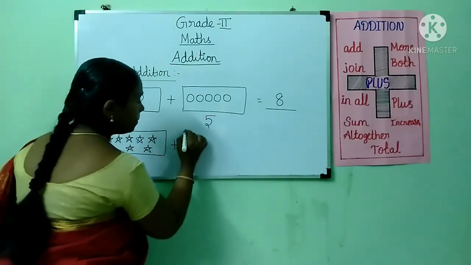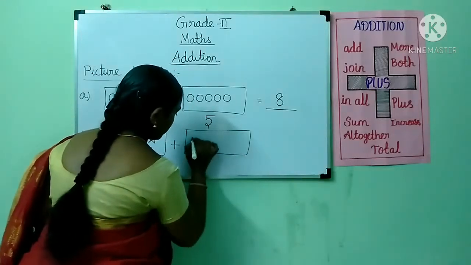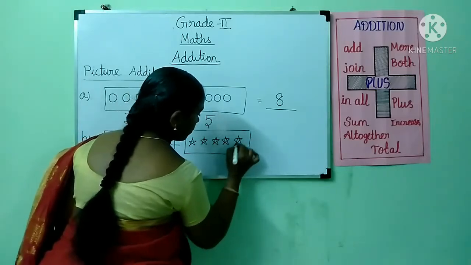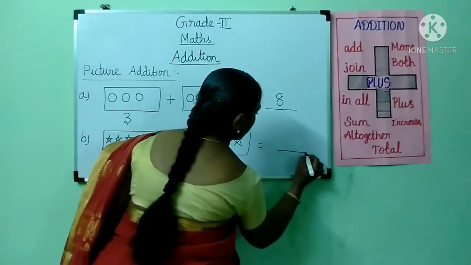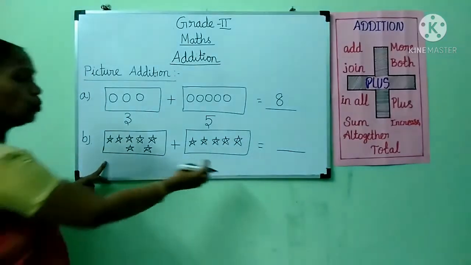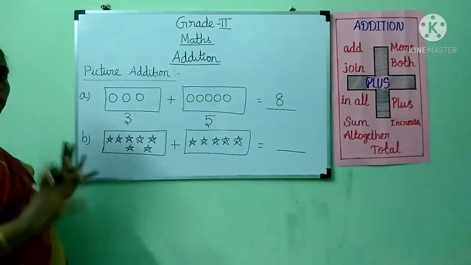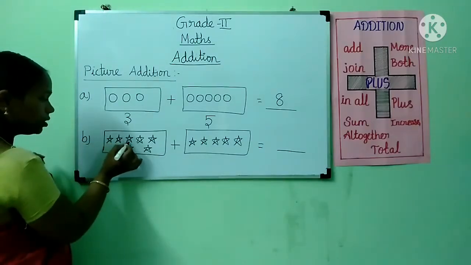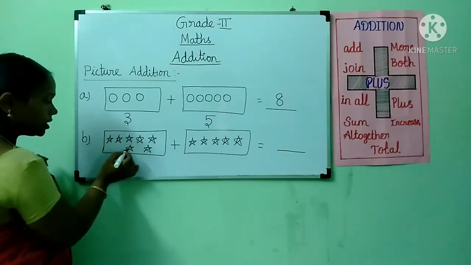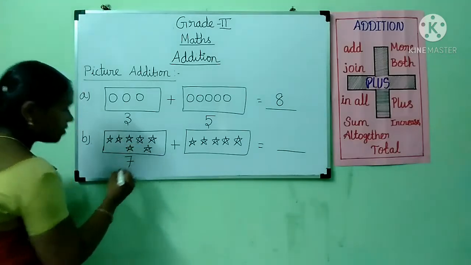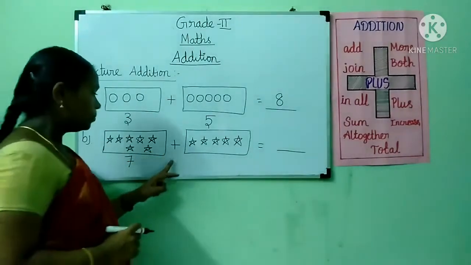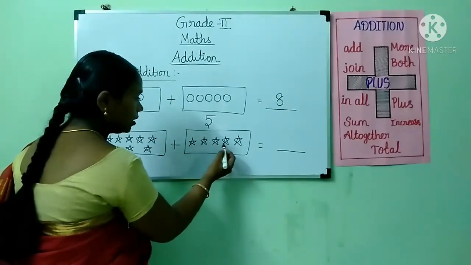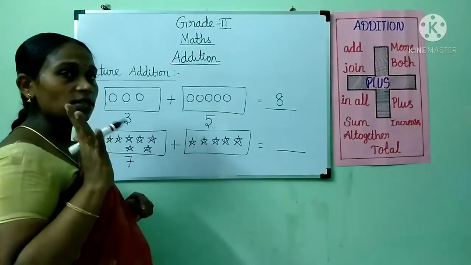What is the symbol? Plus. See here, you have two boxes. Each box has some stars. The first box has 1, 2, 3, 4, 5, 6, 7. First box has 7 stars. Plus, second box has 1, 2, 3, 4, 5. 5 stars.